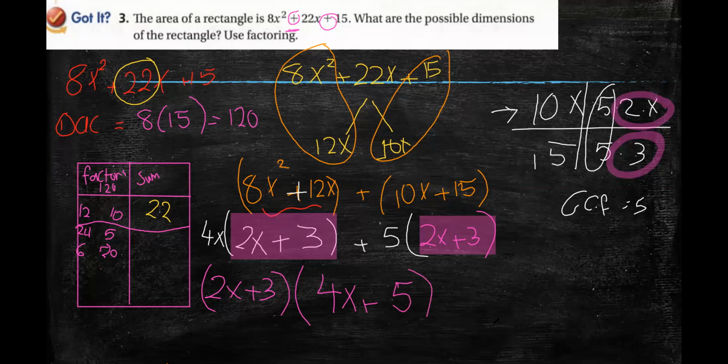These are the factored form of the trinomial. So the dimensions of the rectangle are 2x plus 3 and 4x plus 5. Is it clear? Yes. Okay.